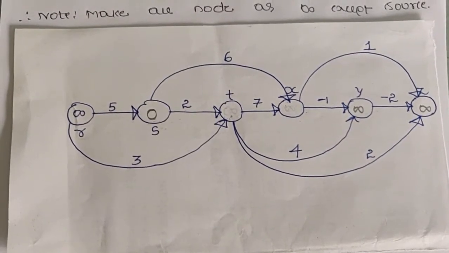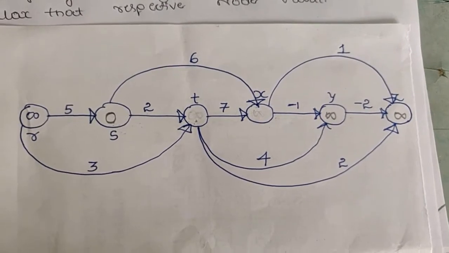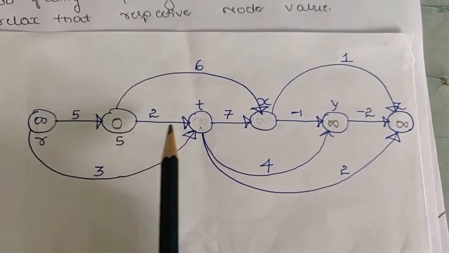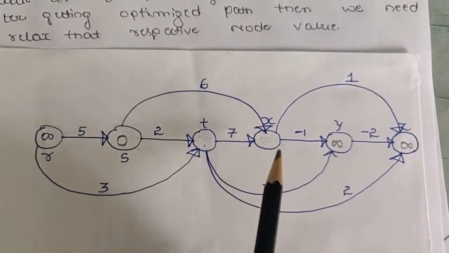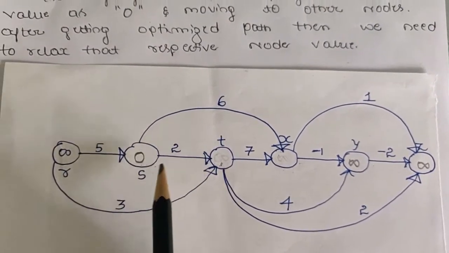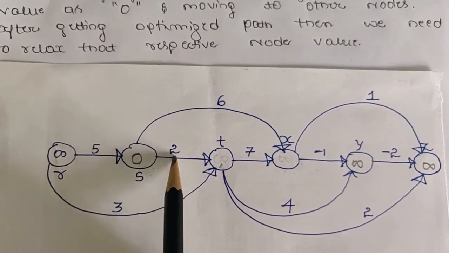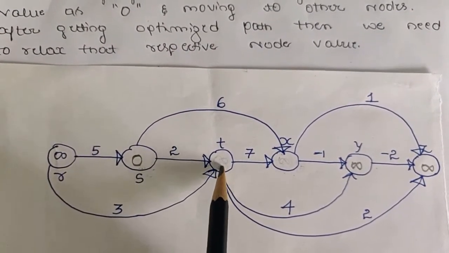Now we are moving to step number 2. In step number 2 we have to find the optimized way, that is from S to the outgoing node T, and S to the outgoing node X. Now 0 is here, infinity was there. Now the S value, the source node value, plus this edge value will be the node value.